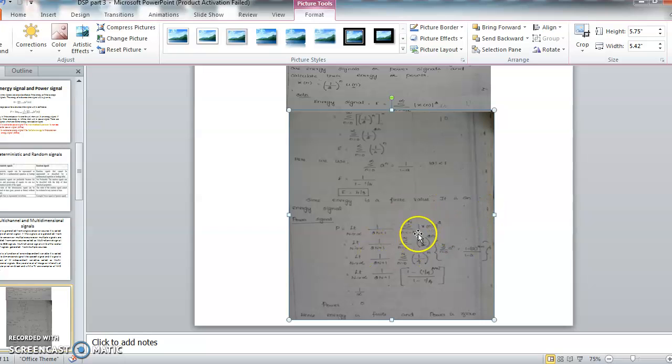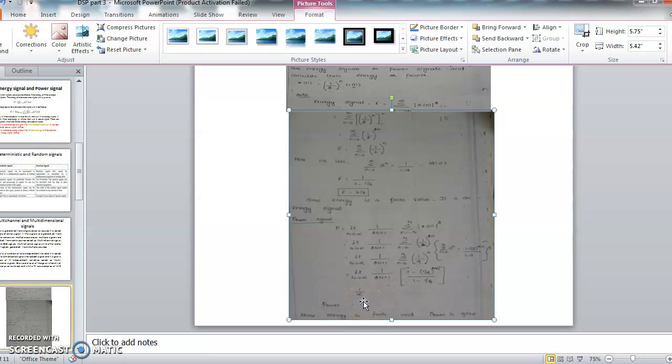Eliminating u of n, the limit changes to n equal to 0 to n, and (1/2) the whole power n. Again using the formula for the sum from n equal to 0 to infinity of a^n, which equals (1 minus a^(n+1)) by (1 minus a), and then applying the limit n tends to infinity, 1 by infinity is equal to 0.